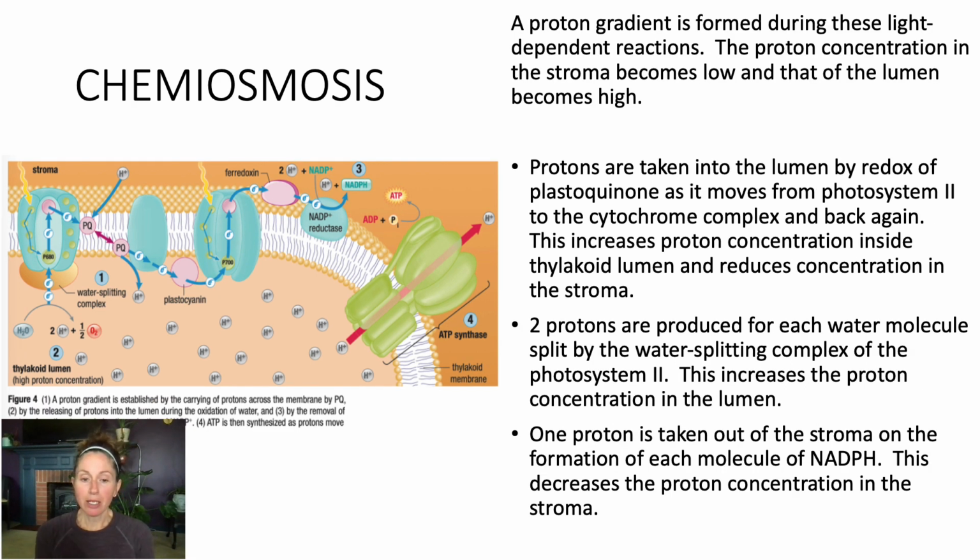So lastly, we have chemiosmosis in this electron transport chain, where the whole point is to get this concentration gradient occurring, and we know that we can get the synthesis of ATP as hydrogen ions pass through the ATP synthase.